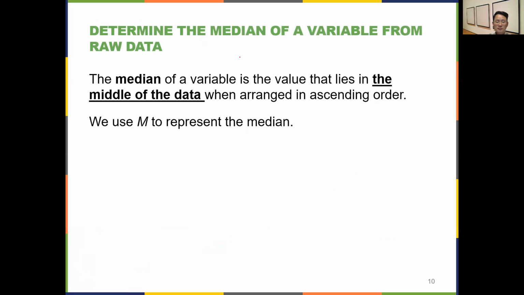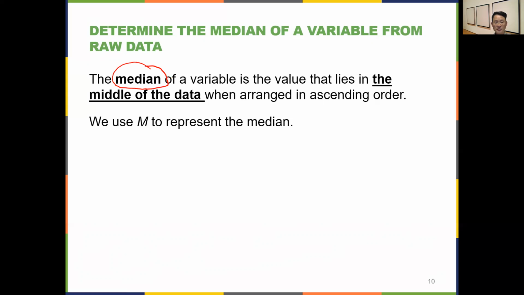Now, what was the main topic? We were looking for a central number, meaning one number that best describes the entire data set, and we just learned the mean, which is the average value. Another number that describes the entire data set is what's called the median.